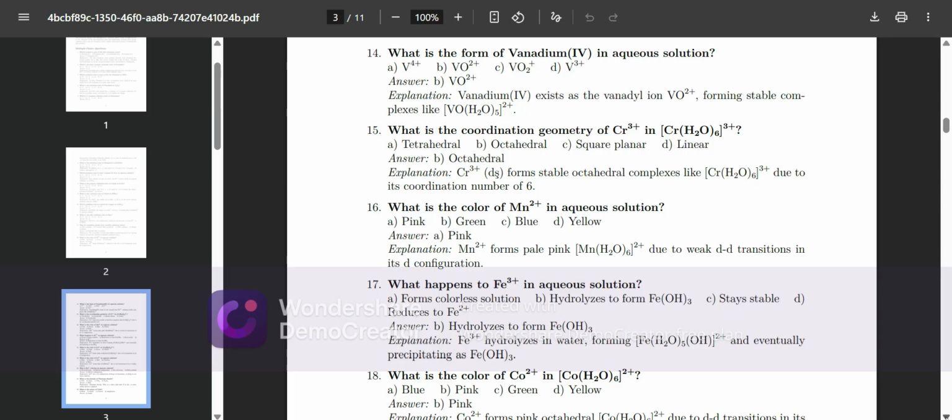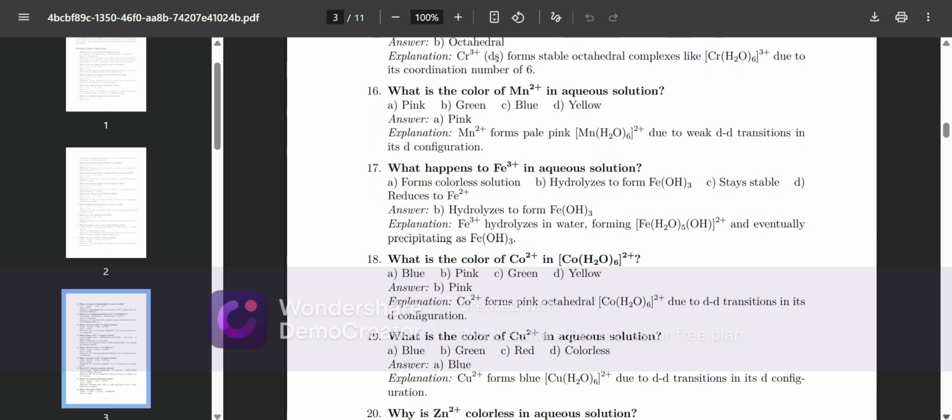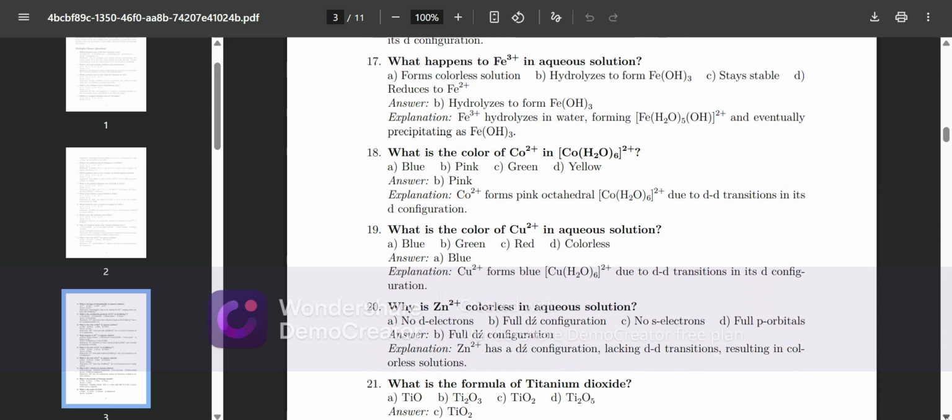What happens to Fe3+ in aqueous solution? Hydrolyzes to form Fe(OH)2+. Fe3+ hydrolyzes in water, forming Fe(H2O)5(OH) 2+, and eventually precipitating as Fe(OH)3. What is the color of Co2+?